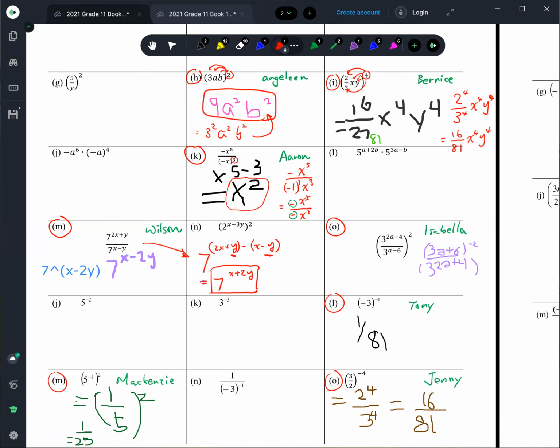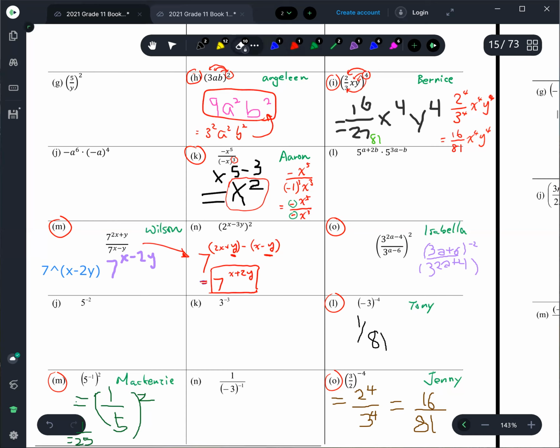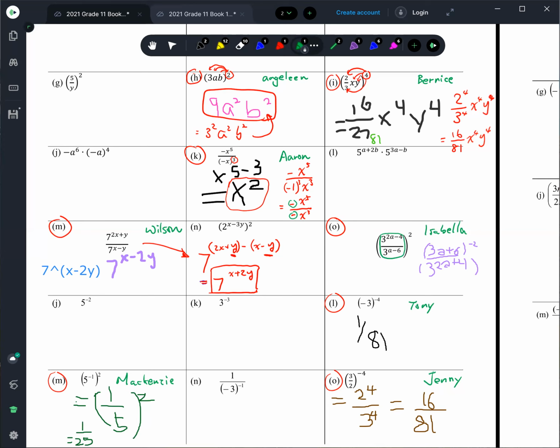Okay, for question O, there's an exponent on the outside, right? So of course you can share in to both. You can do that, but if I were to do this question, I would simplify the inside first. Because inside you have the same base. Ignore the 2 on the outside for now.